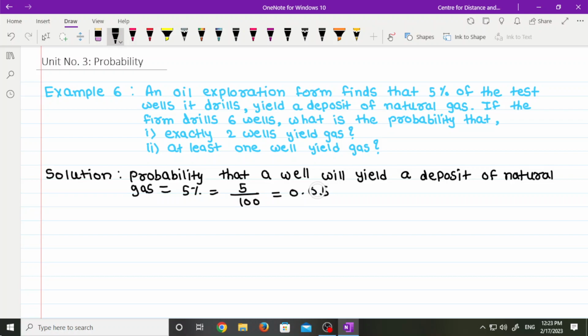But here it is also given that 6 wells are drilled. So, we have to multiply the value 0.05 by 6, and since the probability is small, we may use the Poisson distribution.